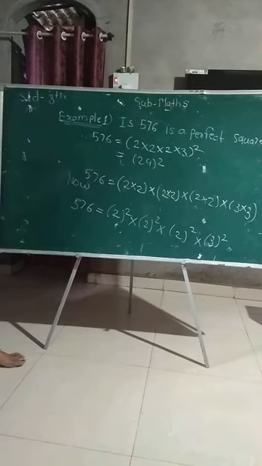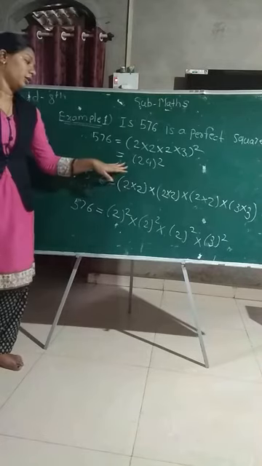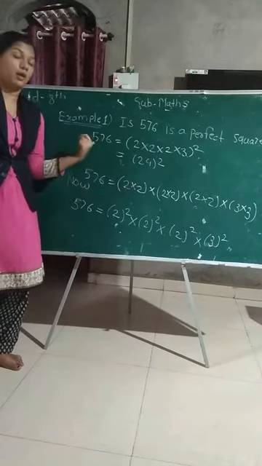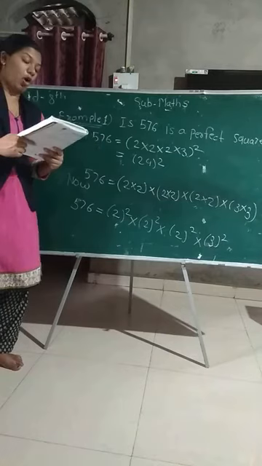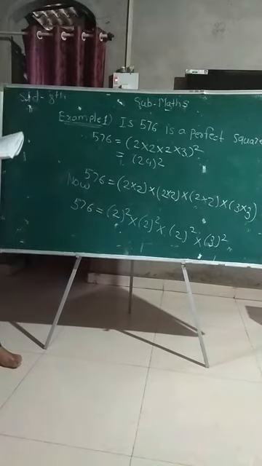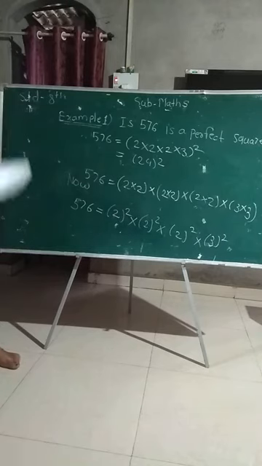The square root of 576 is 24. Therefore 576 is a perfect square and is a square of 24.